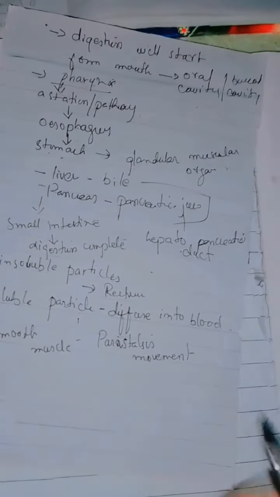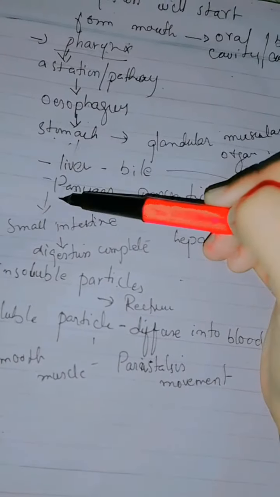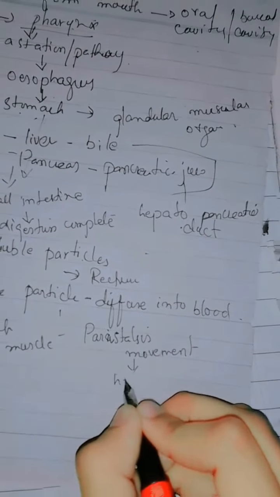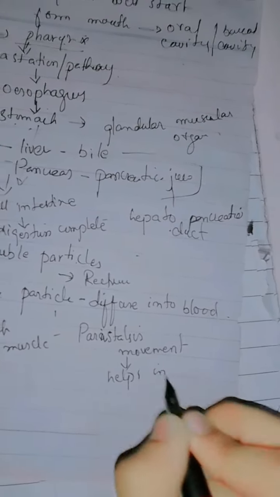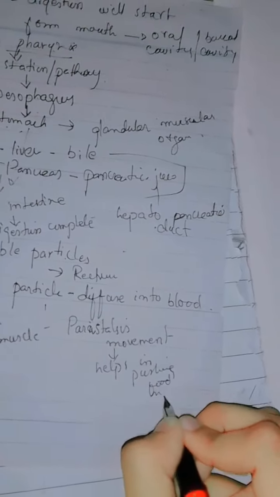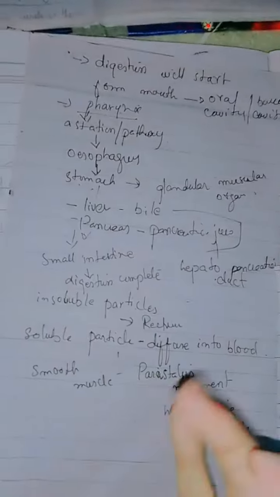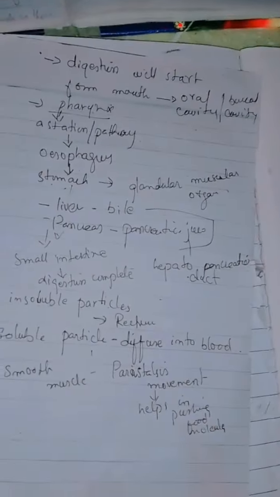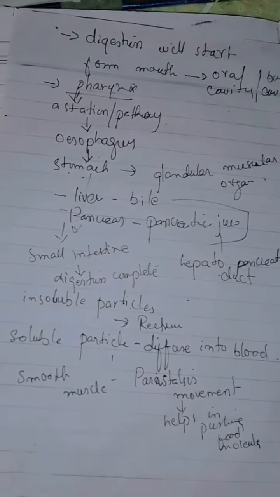Peristalsis movement basically starts from the esophagus, and pushes the food from the esophagus to the stomach, then stomach to small intestine. So it helps in pushing food molecules, so that the soluble particles will diffuse into the blood, and insoluble particles will move out from the anus.